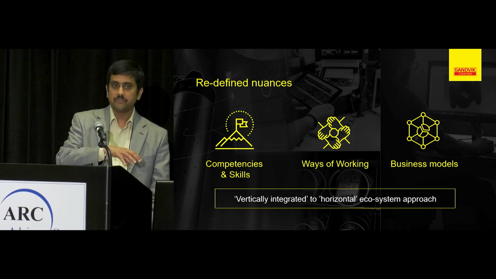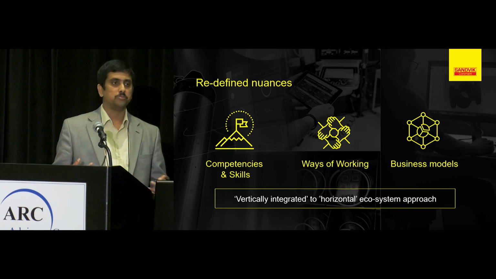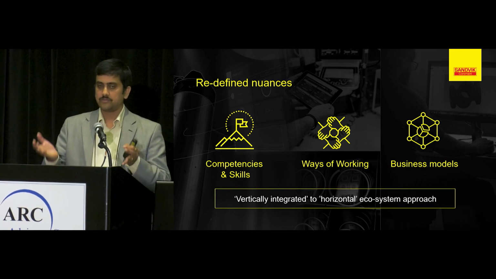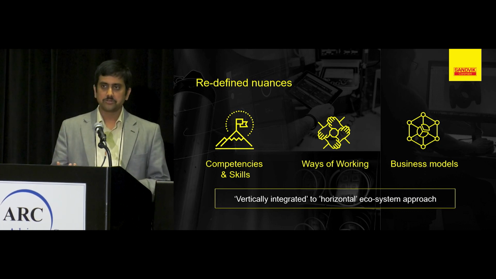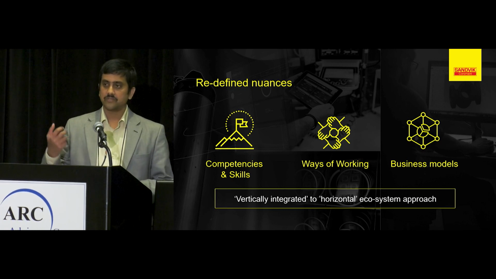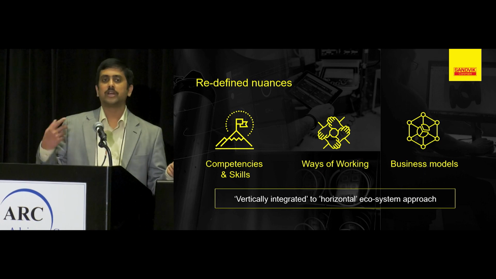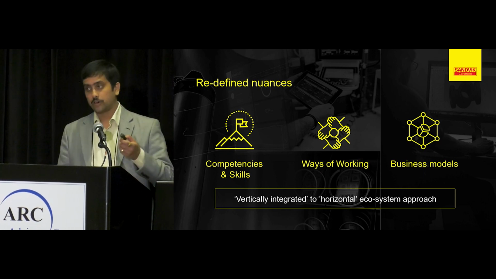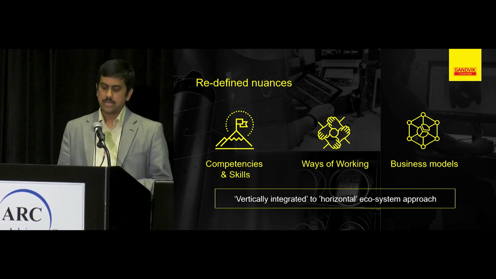We really talk about 60-40, where 60% is about partnership and 40% is something that you build and you own, right? 60-40, 70-30, there are parallels around that. So the business models are very different. The way you do things, the channels are different, the way you do business is different, the way you approach your customers is different. You need to reinvent the businesses that you do, if you have to have a sustainable digital business.